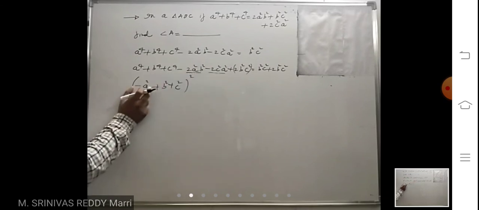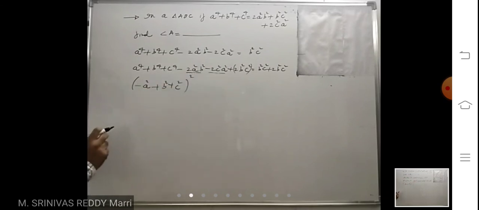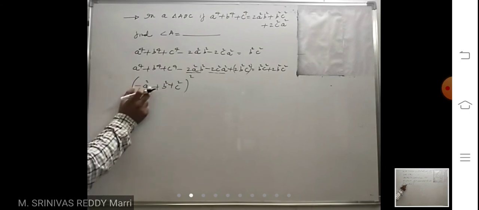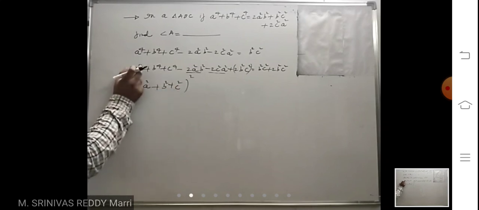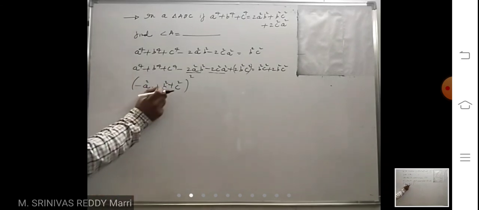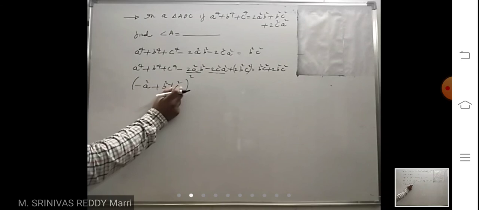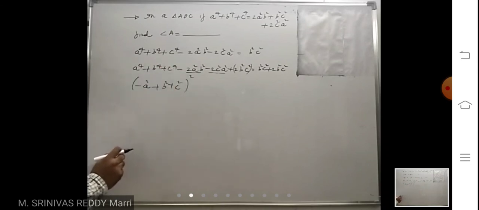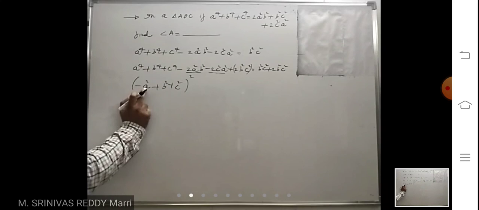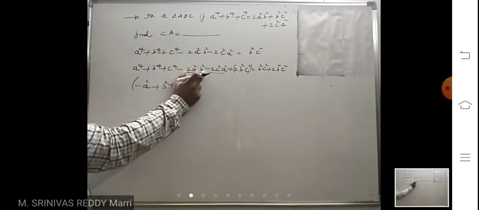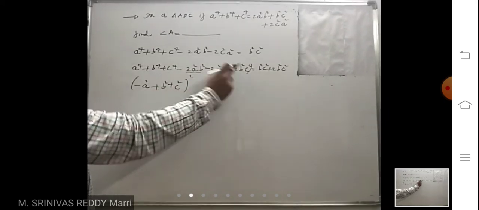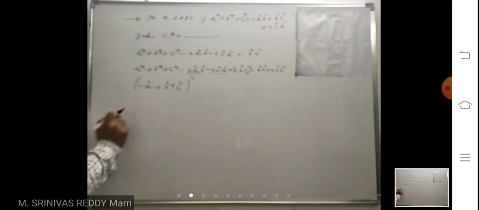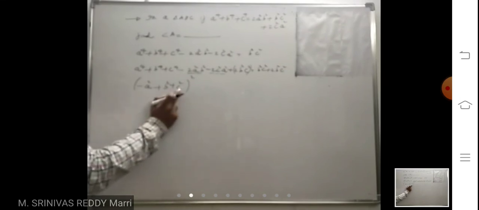If we expand this, it is x plus y plus z whole square, where x is minus a square, y is b square, z is c square. What is x plus y plus z whole square? x square, minus a square whole square, a power 4; y square, b power 4; z square, c power 4; plus 2xy, 2 into minus a square into b square; plus 2yz, 2 into b square into c square; plus 2zx, 2 into c square into minus a square.